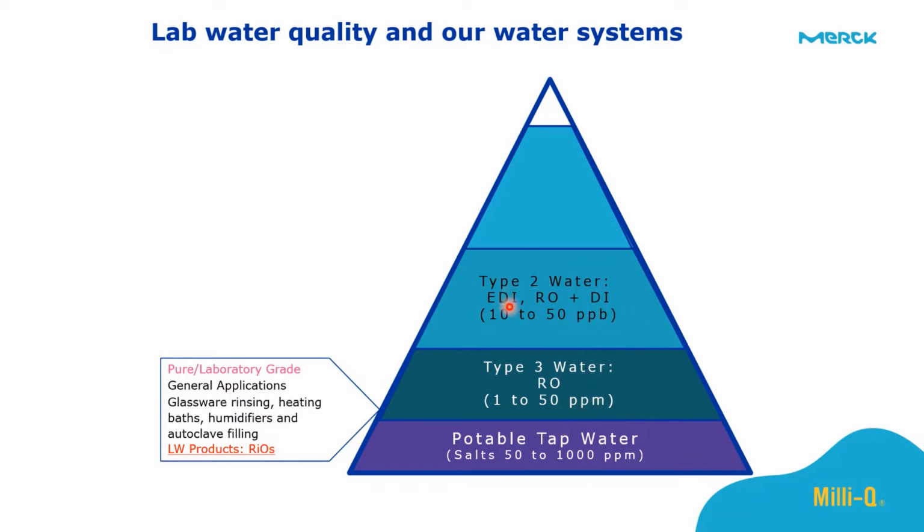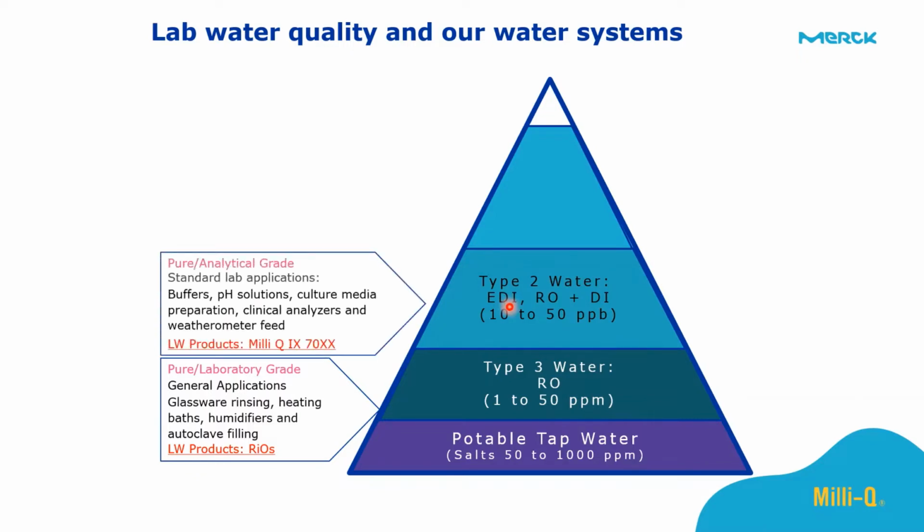This is very purified water, and it's used for standard laboratory applications, like preparation of buffers for pH solutions and culture media preparations. Type 2 can also be used with clinical analyzers. Mainly for our products, we have the Milli-Q IX that normally produces type 2 water. We do have other equipment that will produce type 2 water, and we'll see an overview of this as we proceed.